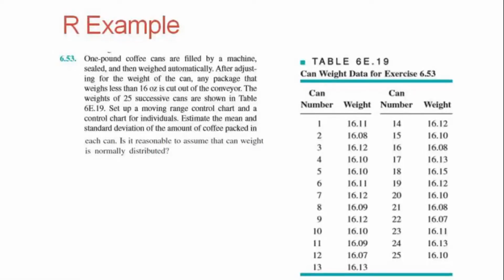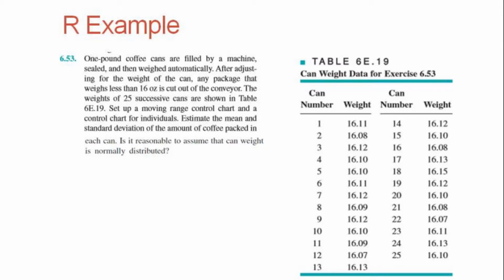After adjusting for the weight of the can, any package that weighs less than 16 ounces is cut out of the conveyor and removed. The weights of 25 successive cans are shown in the table 6E19, on the right hand side.